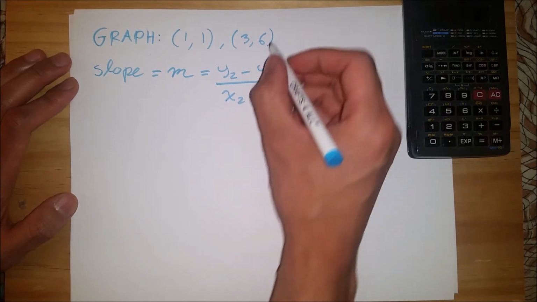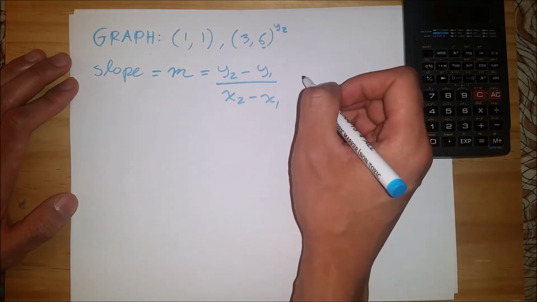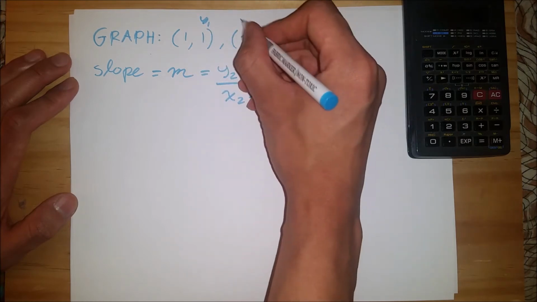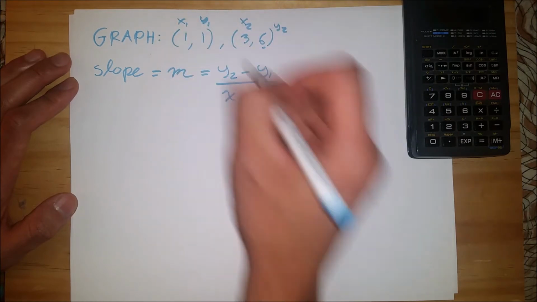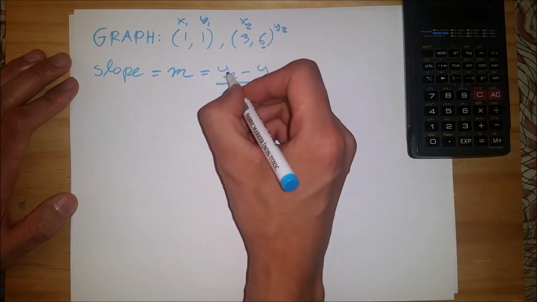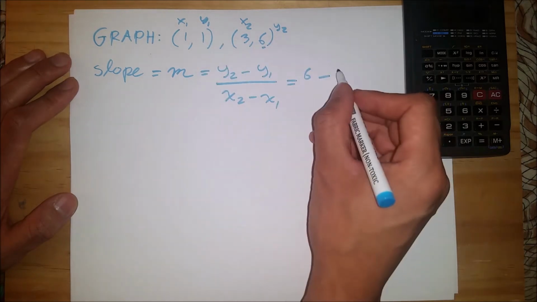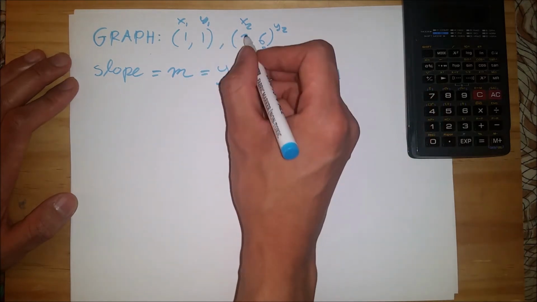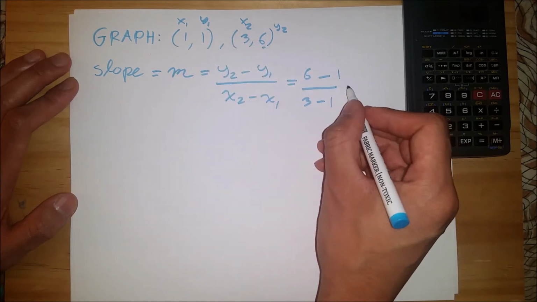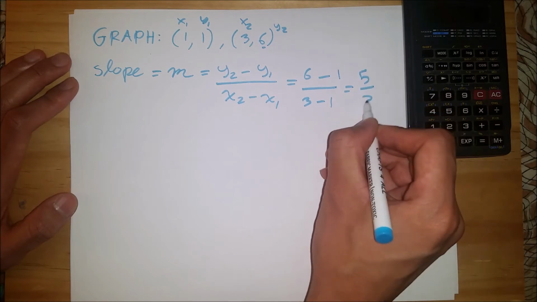So this 6 is y2, and then y1 is right here, and this is x2, x1. So that would be 6 minus 1 all over 3 minus 1, which is equal to 5 over 2.